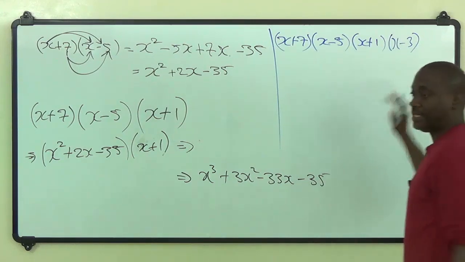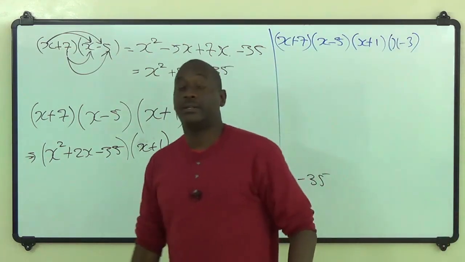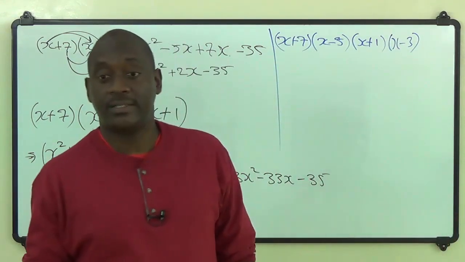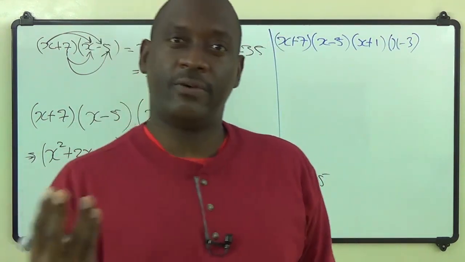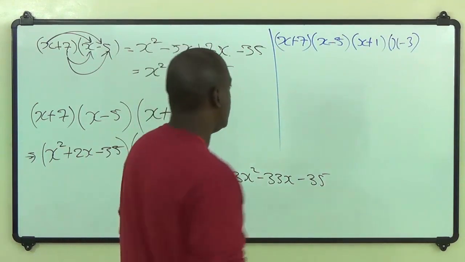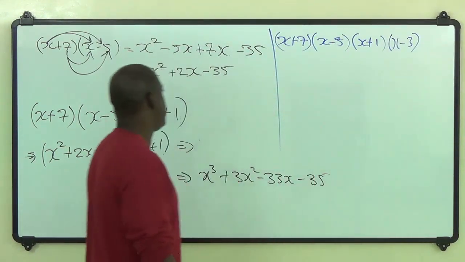So now we have 4 linear terms being multiplied by each other. Of course, if you're multiplying 4 linear terms by each other, you expect the answer to be a polynomial of degree 4. Right? So let us see.